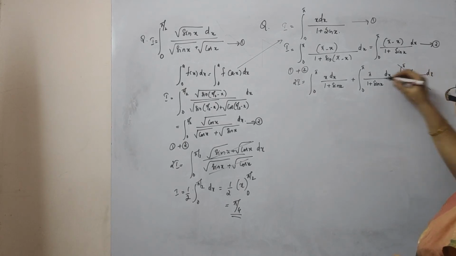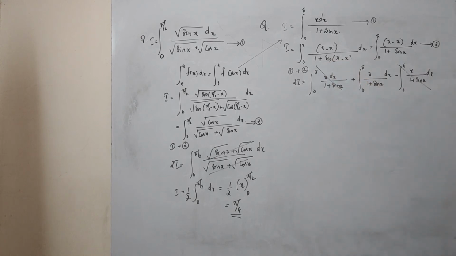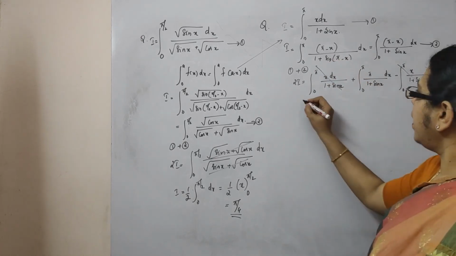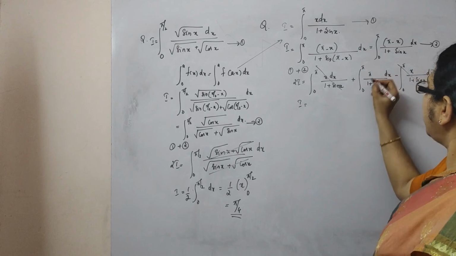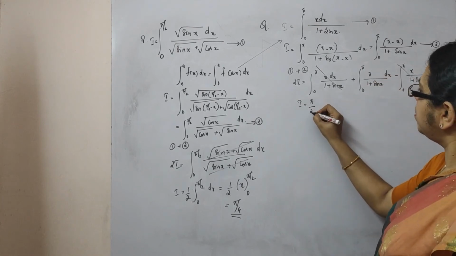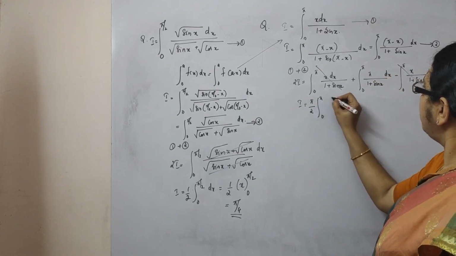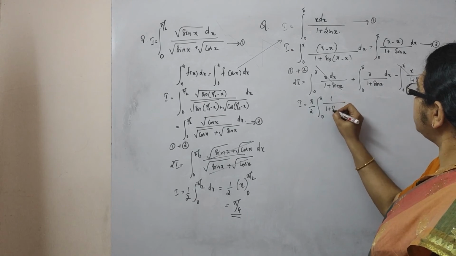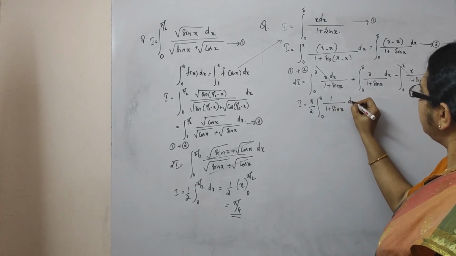I am splitting it. Now if you look, this and this get cancelled. And further, I get I is equal to, pi is a constant, so pi by 2 into integral 0 to pi of 1 by 1 plus sin x into dx.